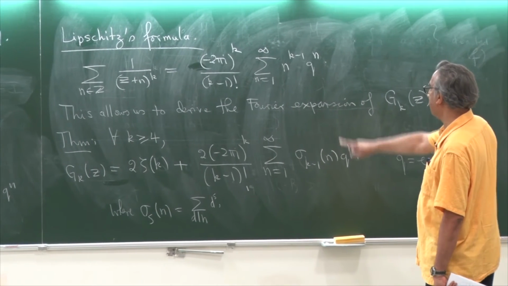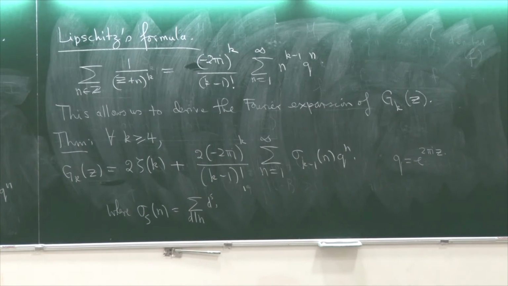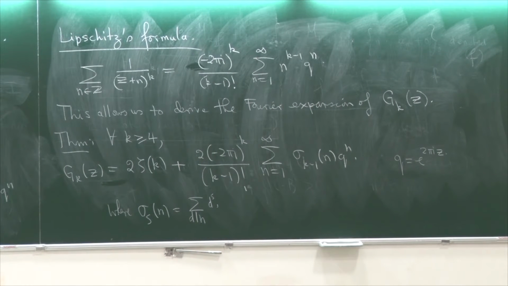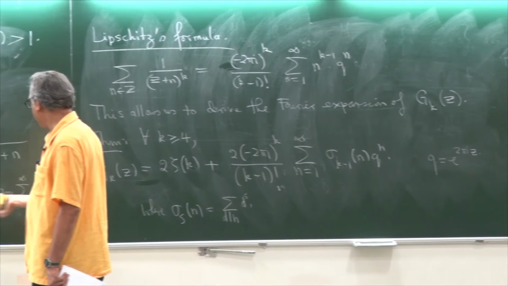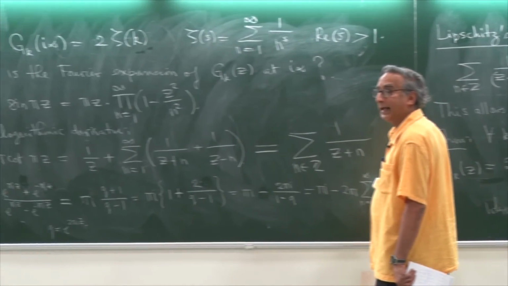And we get this from the Lipschitz formula in the following way. Differentiate that thing, and that's why we get it, right? I've got this formula here, which is pi cotangent pi z. I differentiate it k times, and each time I get some power of n.